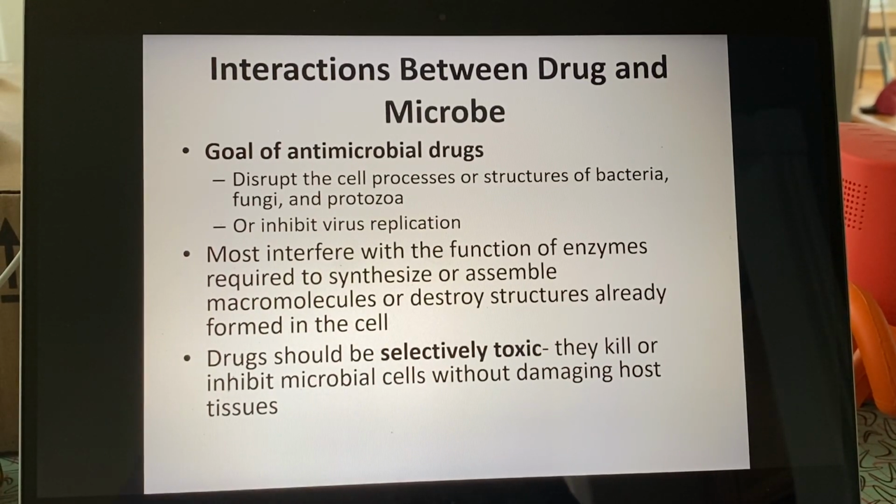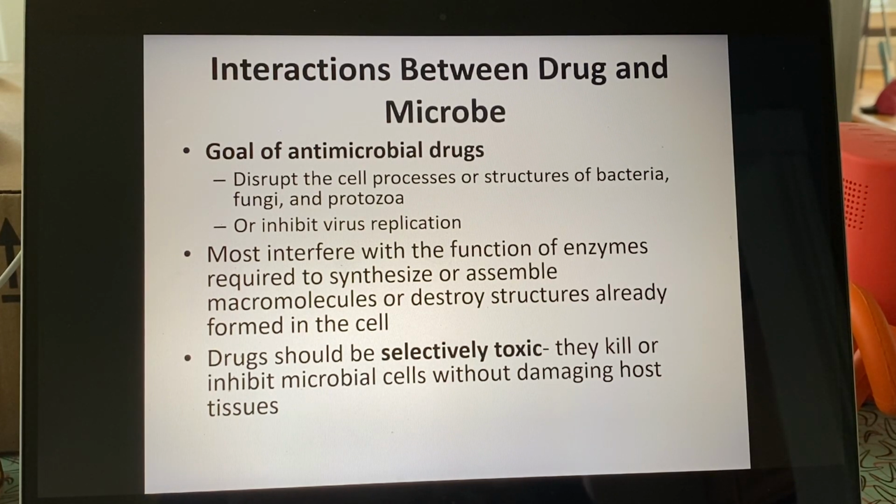So the goal of antimicrobial drugs is to mess up what's going on in those microbial cells. We want to mess up the bacterial cell wall. We want to get in and inhibit bacterial ribosomes. We want to do other things to fungi and protozoans.